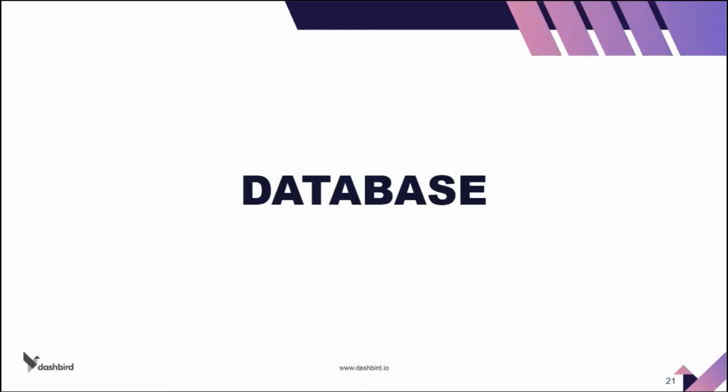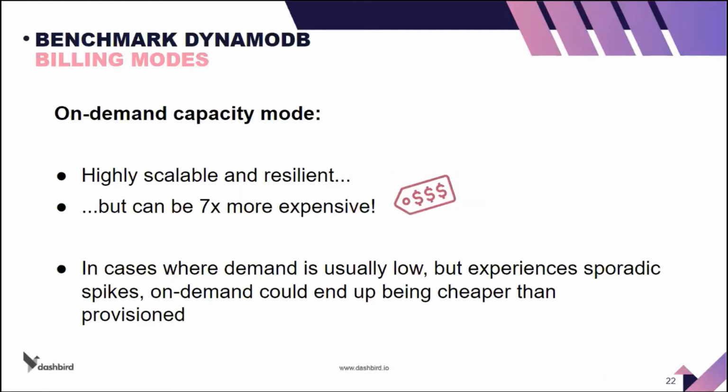Then, moving to the database group of cost-saving opportunities. The DynamoDB on-demand capacity mode is amazing. I loved this feature when they launched it. It's highly scalable and really resilient, but it can be quite expensive, up to 7 times more expensive than the provisioned capacity mode.